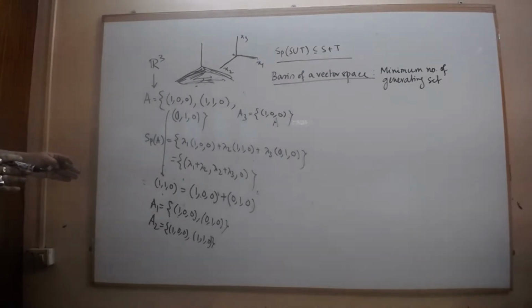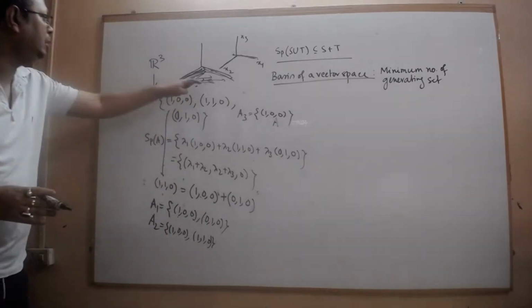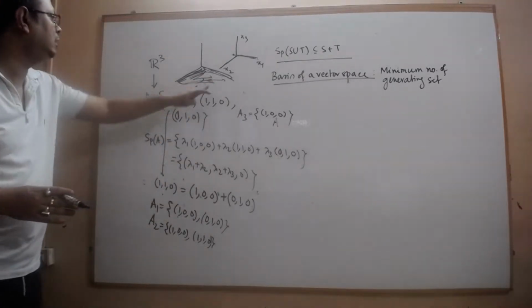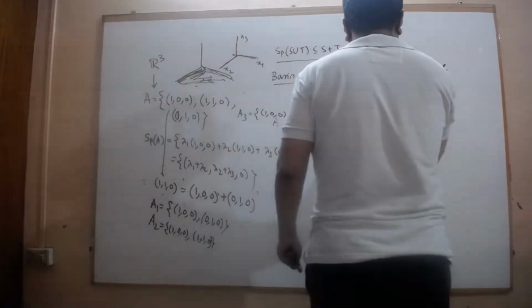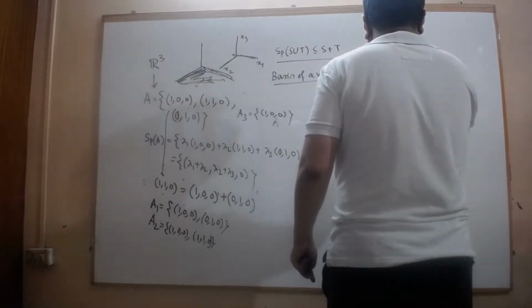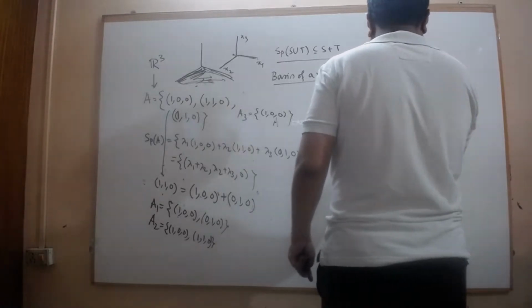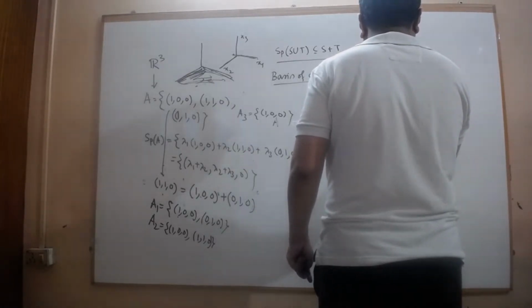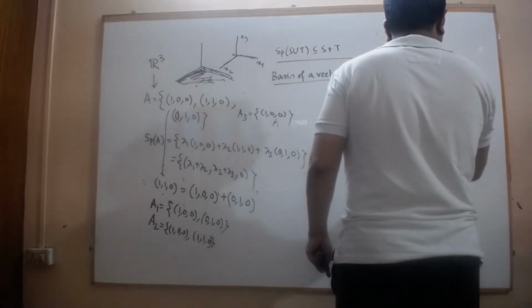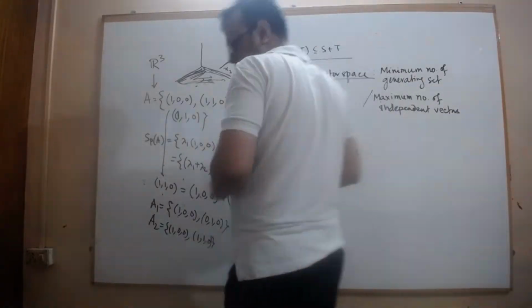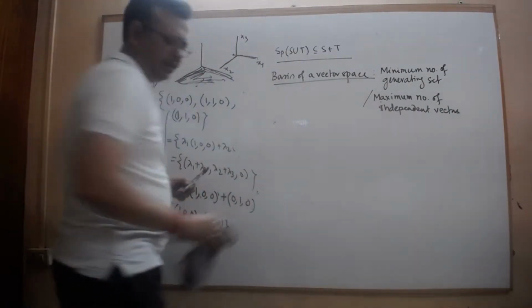So therefore, this is the maximum collection of independent vectors which generate this vector space. So either this, or the maximum number of independent vectors which generate a vector space. Therefore we can define the basis of a vector space.